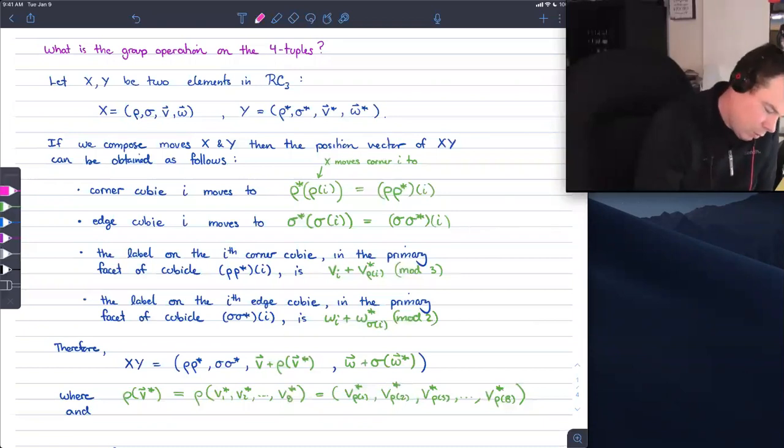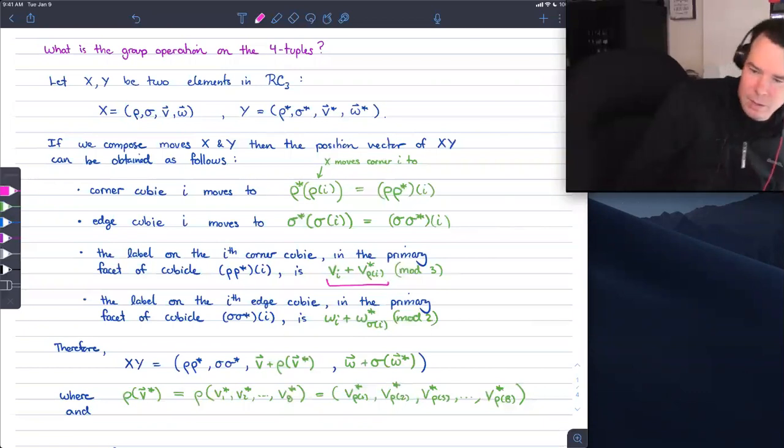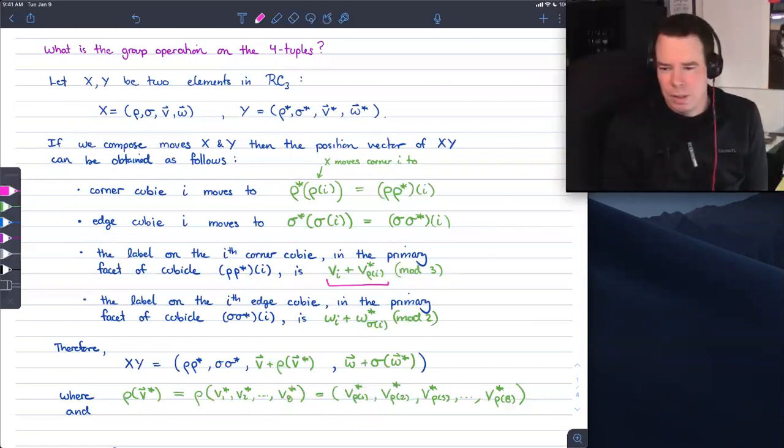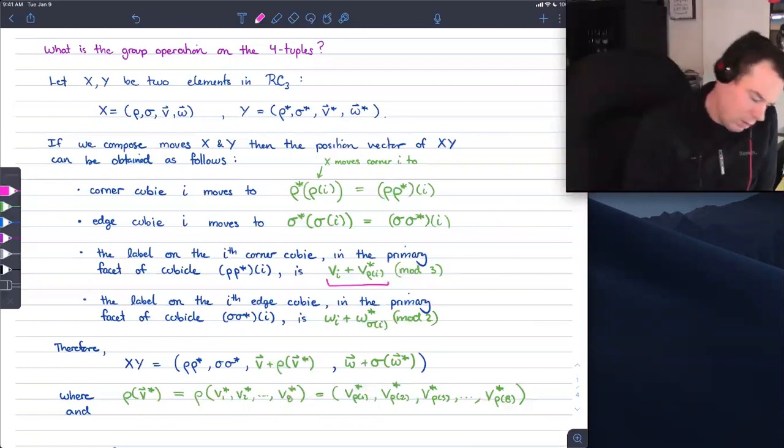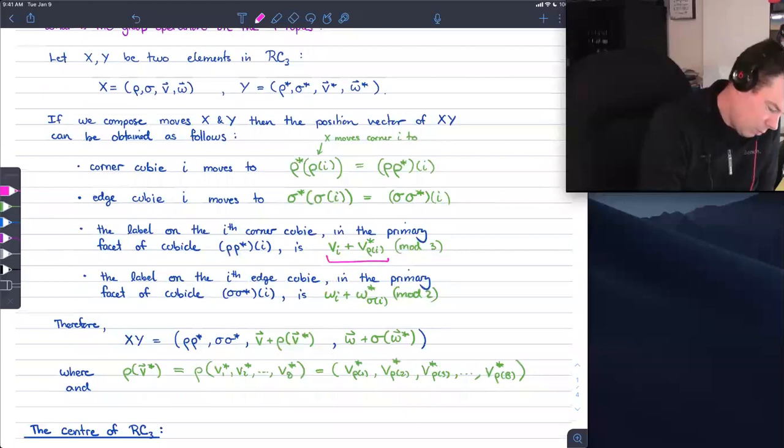Because what we want to do is add V_i, the ith component of the first vector, with the rho(i)th component of the second vector. So what I do is I take that second vector V star and I permute it so that the things I want to add to V_i are in the right component. And so that's why we're doing this permutation of those things.